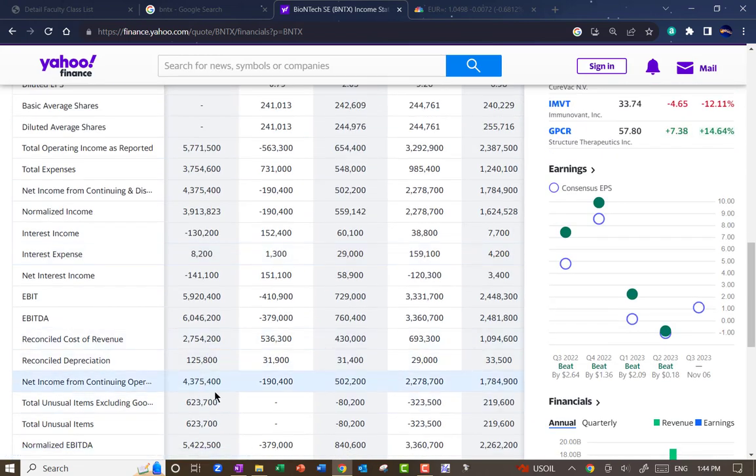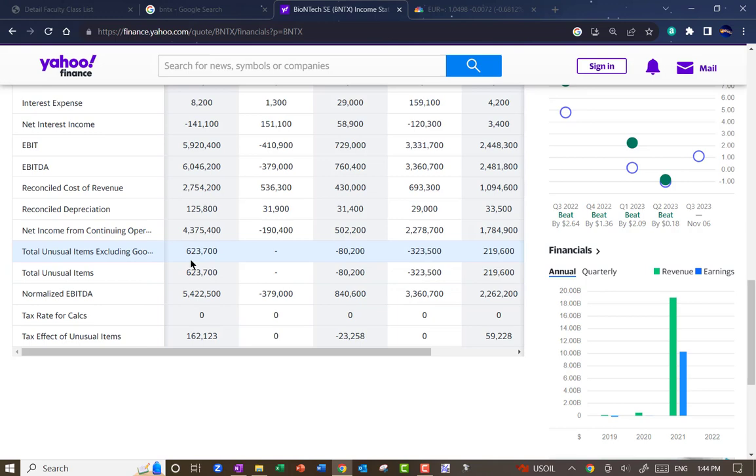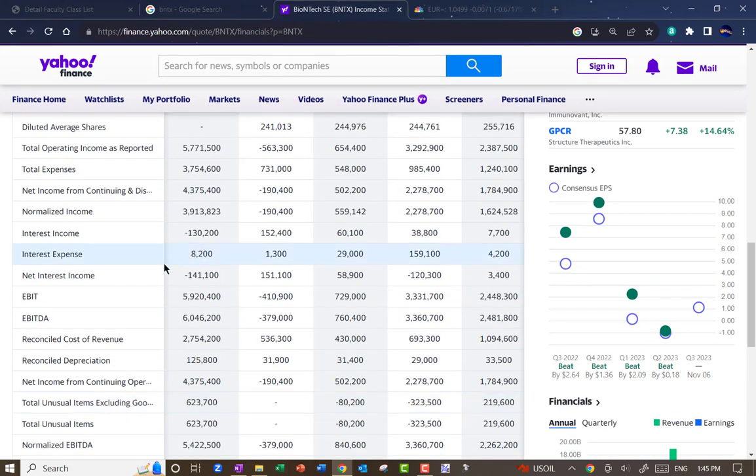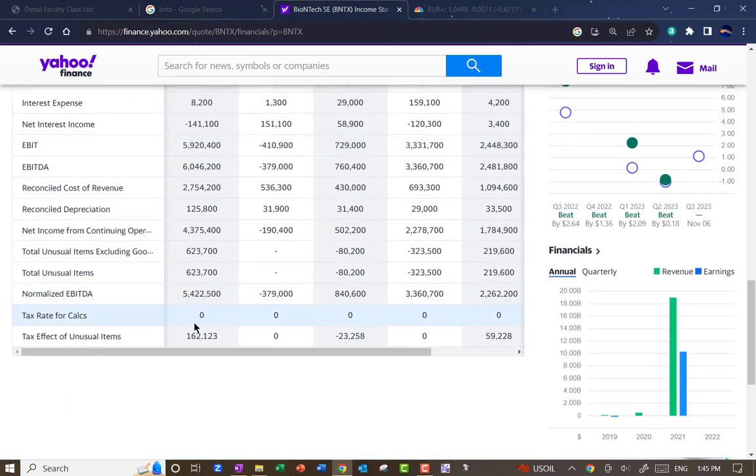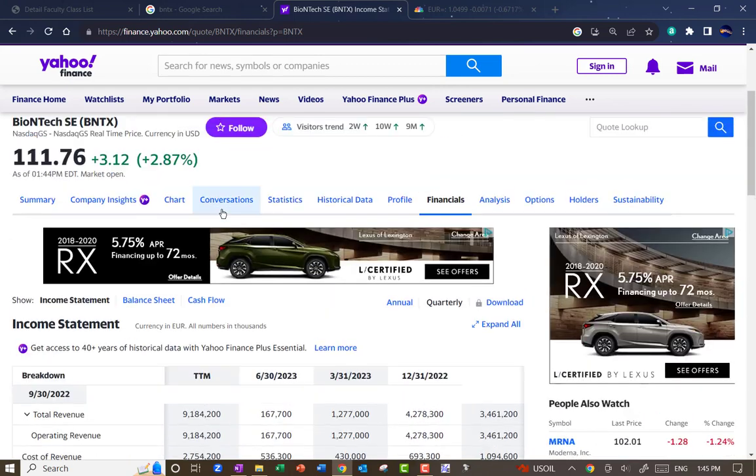And their net income, it's not clearly listed here, but it's about $4.3 billion. And most of those are coming from vaccine sales.